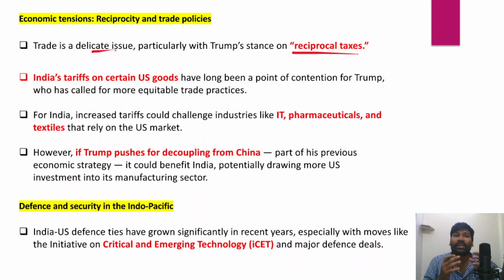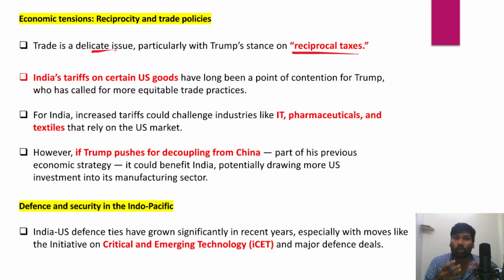And in fact, India's tariffs on certain US goods, right? For example, India imports a lot of US goods, and India has been imposing higher tariffs on the goods which are being imported from the US. So this is one of the long points of contention between Trump and India, right?